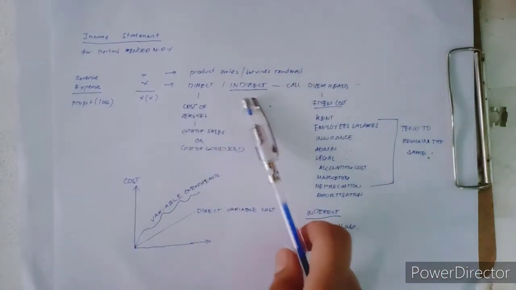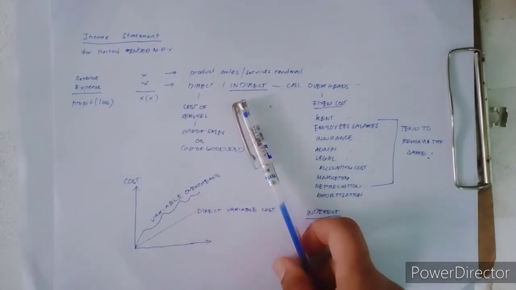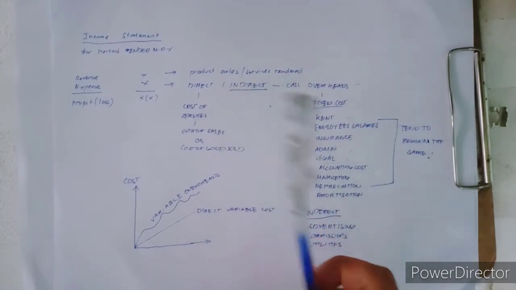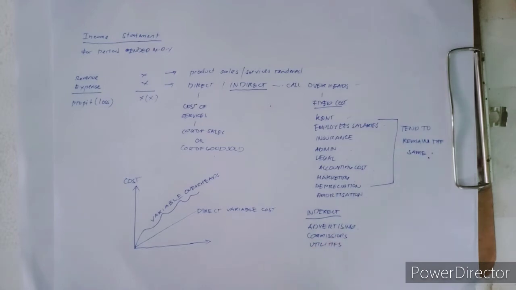This extra detail helps the readers of the income statement better understand what they're looking at. Clarity is the aim here for the income statement.